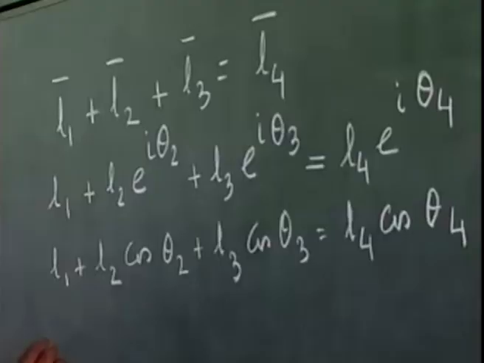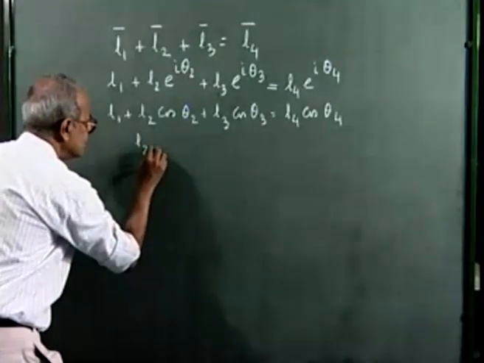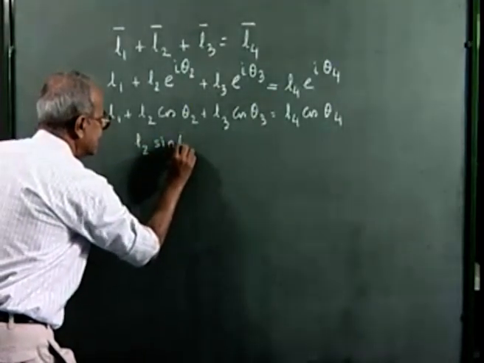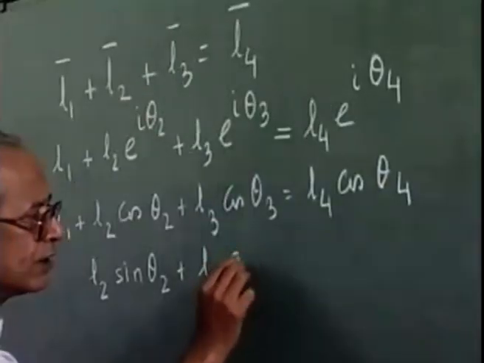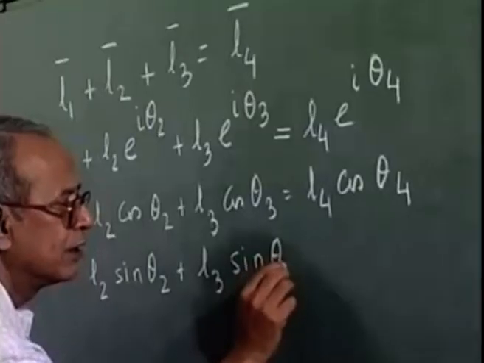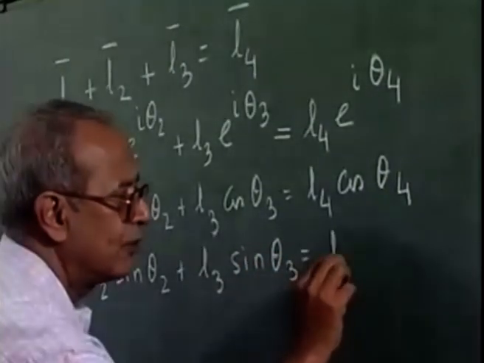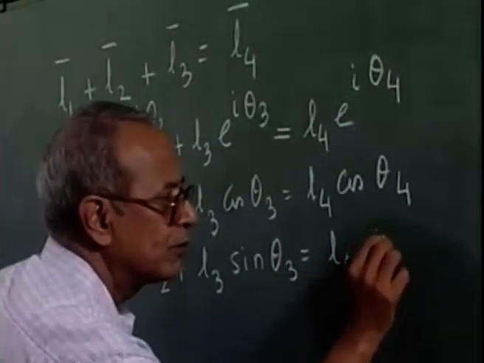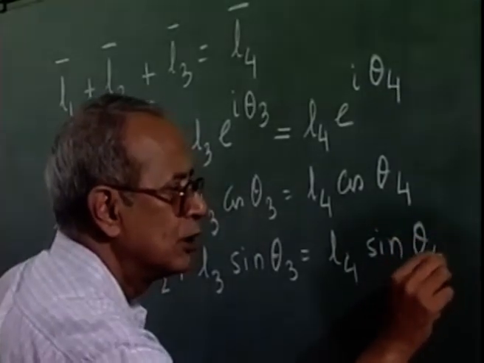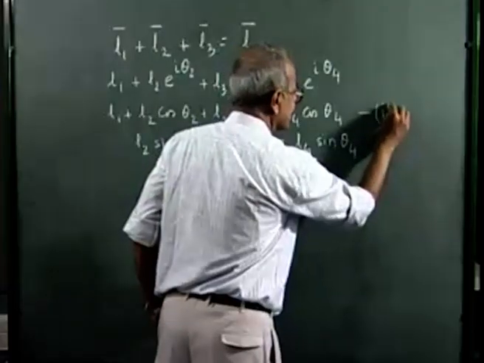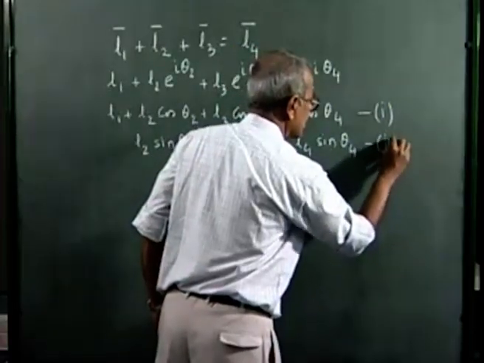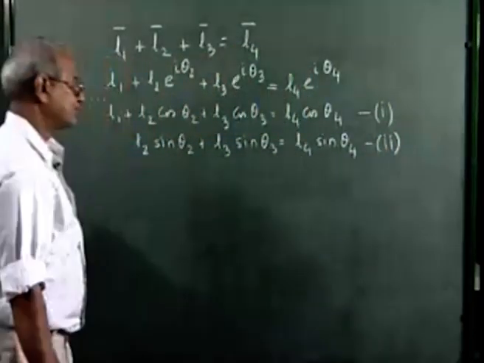Equating the imaginary parts, we get L2 sin theta 2 plus L3 sin theta 3 is L4 sin theta 4. So, this complex equation is equivalent to two real equations, which I mark as equation number 1 and 2.